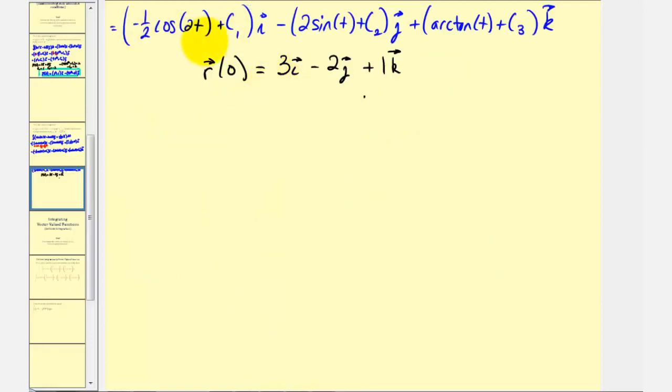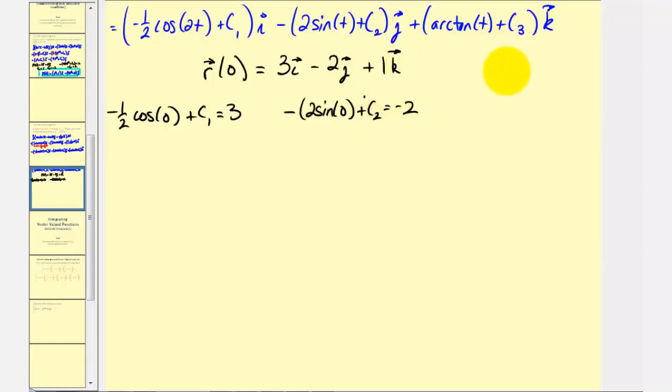So now looking at the x component, when t is 0, negative 1/2 cosine 0 plus c sub 1 must equal 3. Looking at the y component, notice that minus 2 sine 0 plus c sub 2 must equal negative 2.